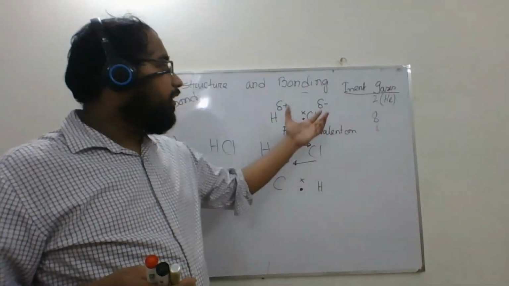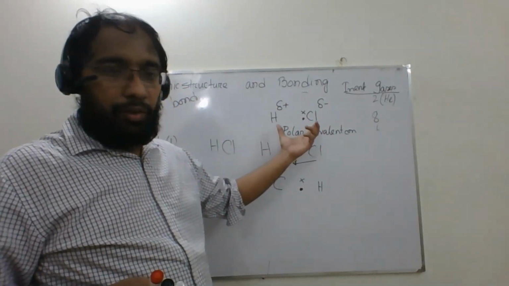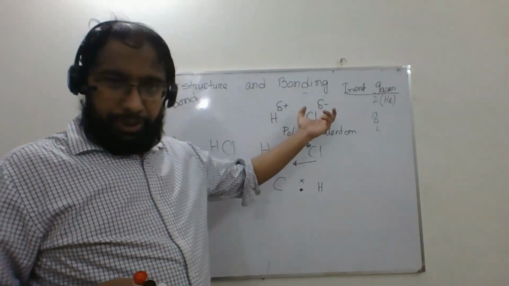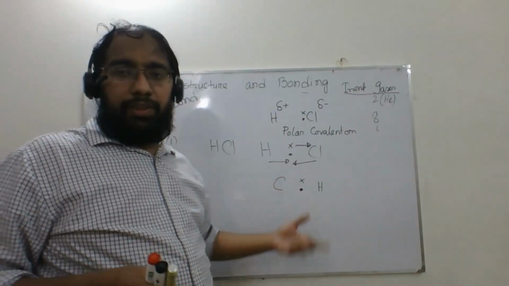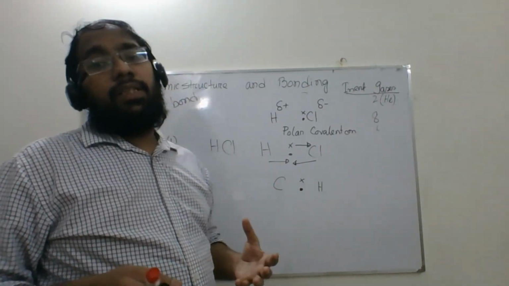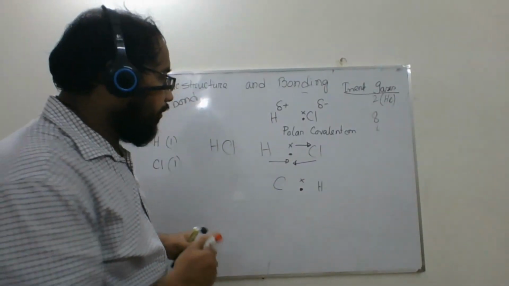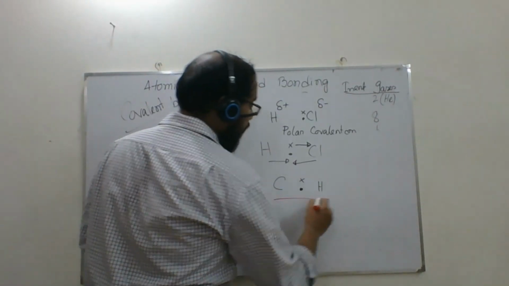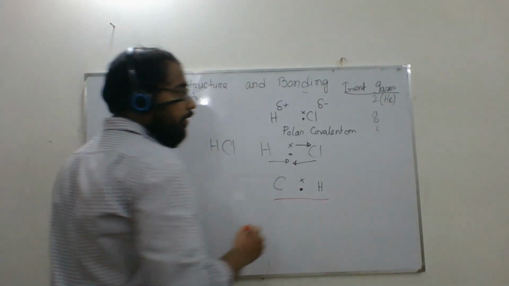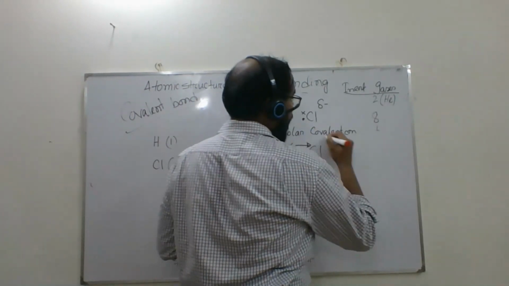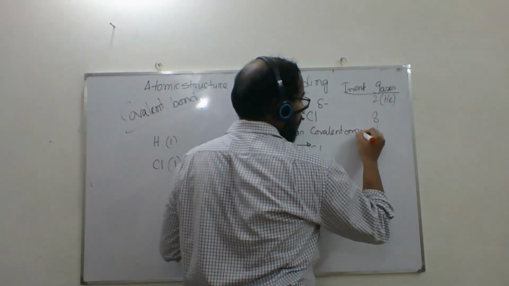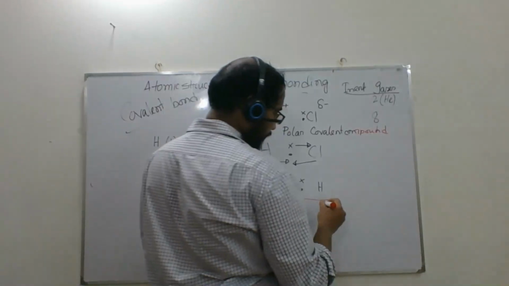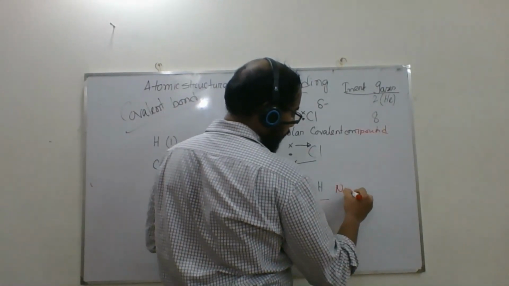Now in this case he is doing that. If he does that, then they are negative, but they are not like that. They are very gentle, they keep their electron in between them, so they have no problem. So this is called non-polar. Okay, so this is polar covalent compound and this is non-polar covalent compound.